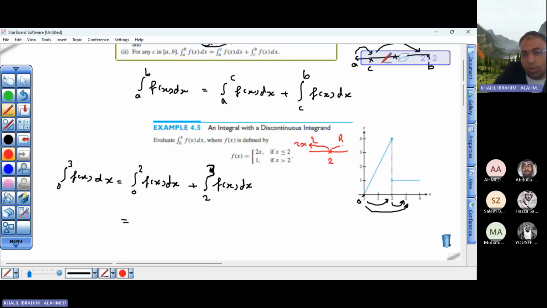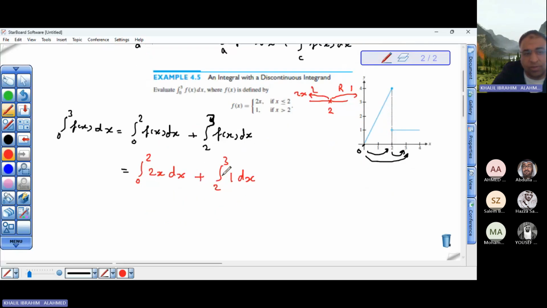But for x more than 2, the function equals 1. Substitute from 0 to 2 in branch 1, the left branch: the integral from 0 to 2 of 2x dx, plus from 2 to 3, x more than 2, the right branch. What is the equation for the right branch? It equals 1 times dx. That's it. Now it's easy to solve the question.